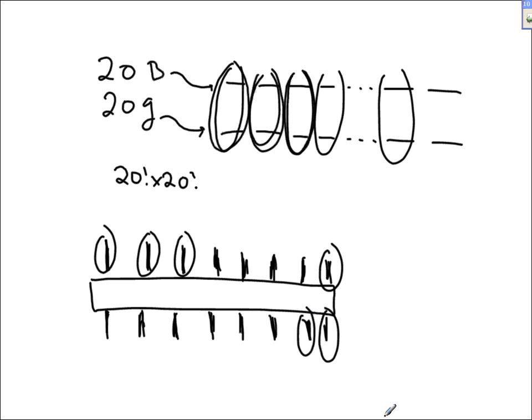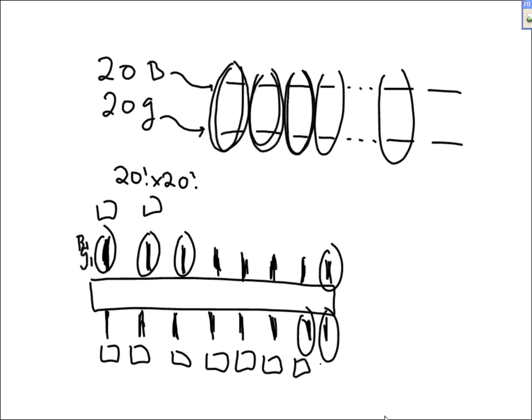But now, you have boy 1 and girl 1, and you want them to sit here. Well, there's a window here, and a window here, and a window here. And there's the aisle.